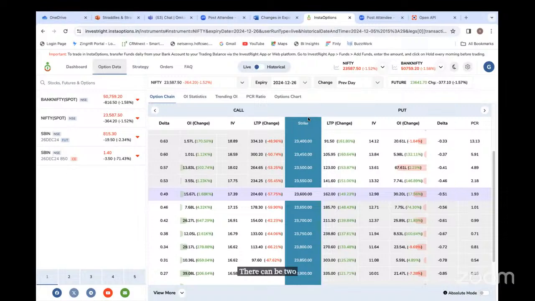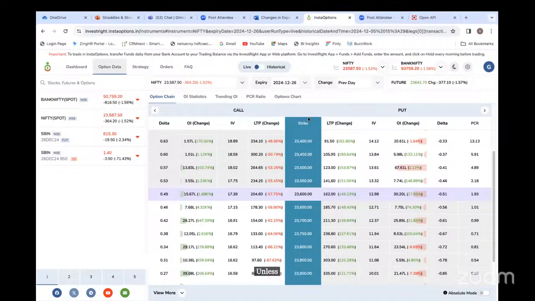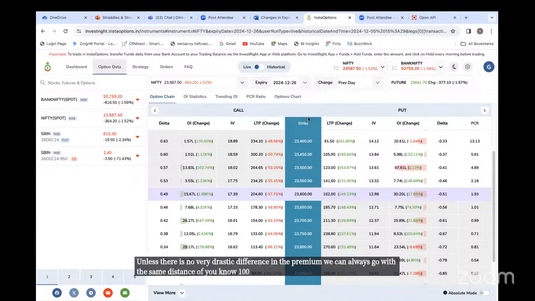Some people go with the same premium as well, but to go with the fundamentals of the strategy, it is always good to keep the distance the same, such as you have mentioned, plus or minus 100 or 200 points. Unless there is a very drastic difference in the premium, we can always go with the same distance of 100 or 200 points. So that's a good approach.